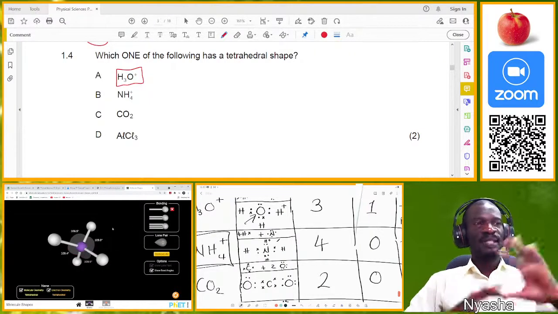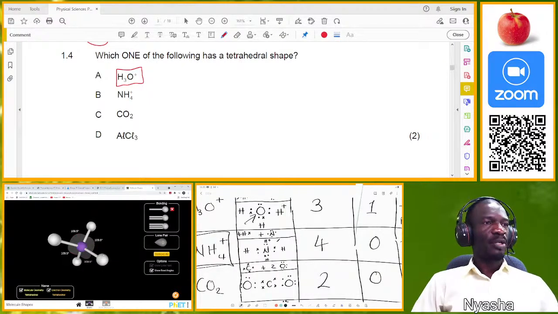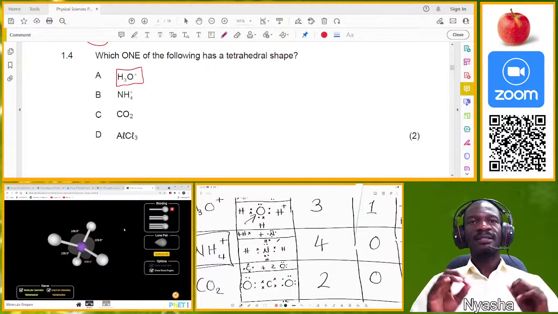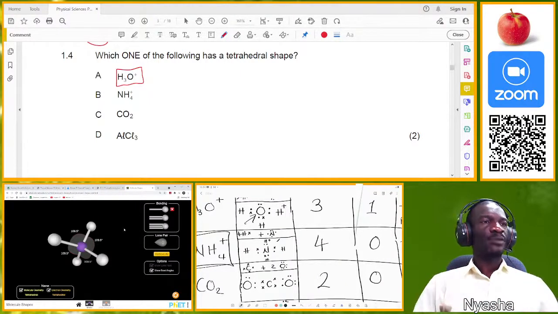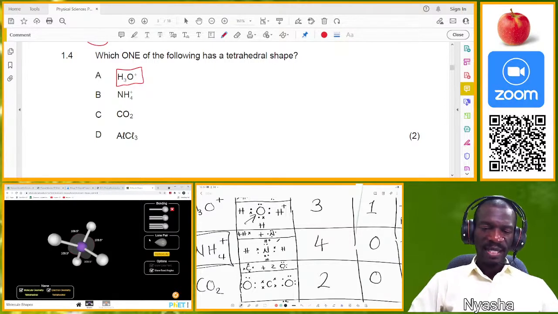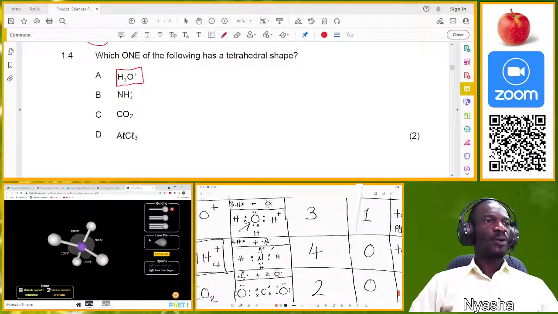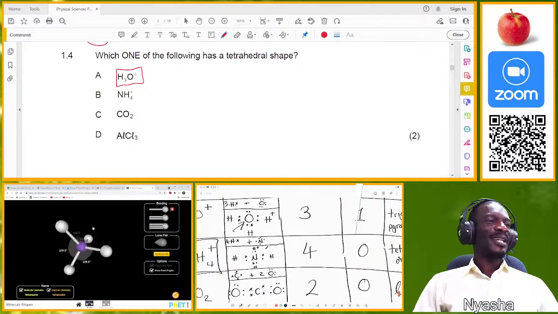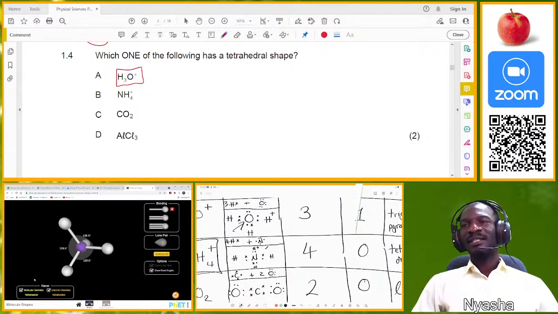Can you see how they are distributing? So that the bond angles are equal and there is minimal repulsion of the electrons. Now that we have that, how many lone pairs did we say we have? 0 lone pairs. So that's our tetrahedral. So our molecular shape here is tetrahedral.